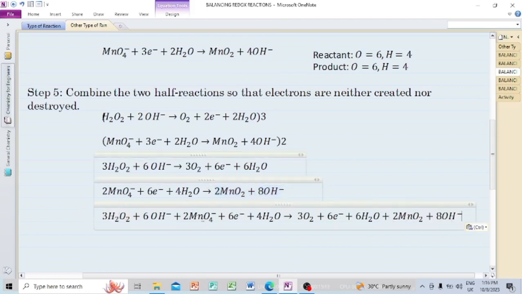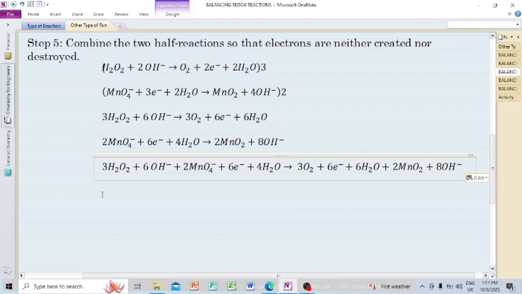Ayan. So, just simply recombine it, guys. 3H2O2 plus 6OH plus 2MnO4 negative plus 6e negative plus 4H2O is equal to 3O2 plus 6 electron plus 6 water plus 2MnO2 plus 8OH. And then, simplify.